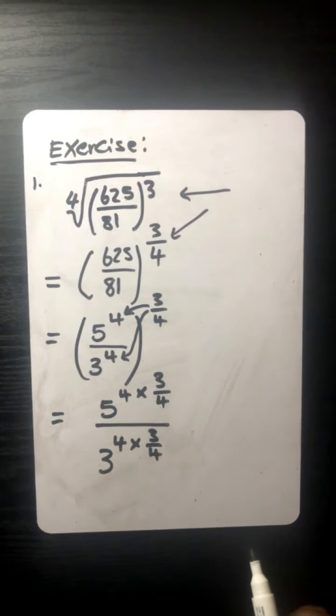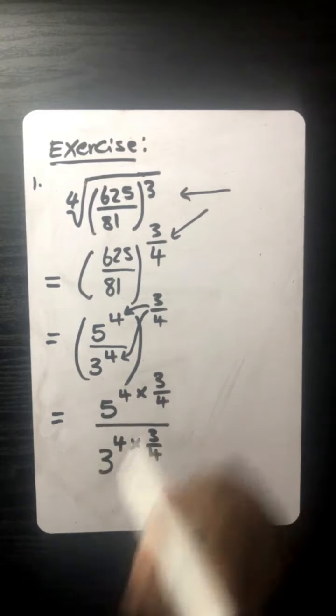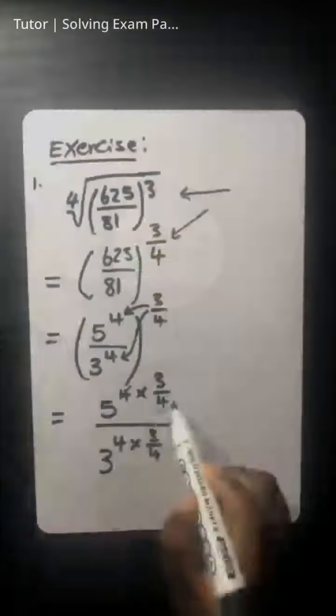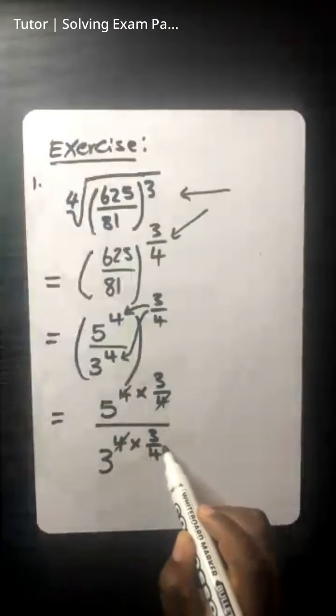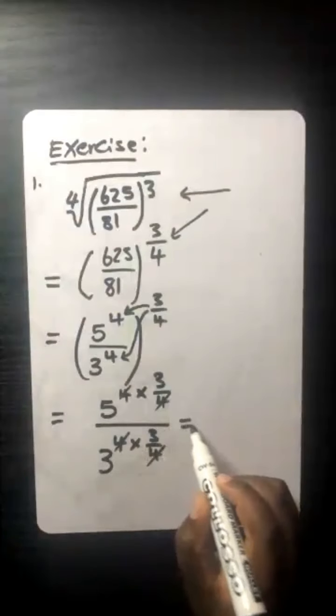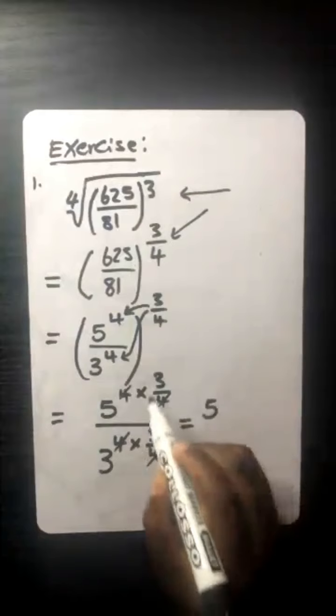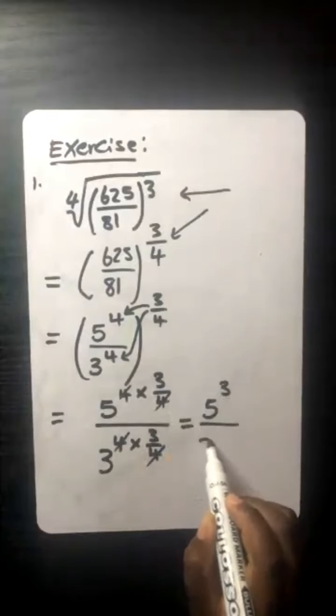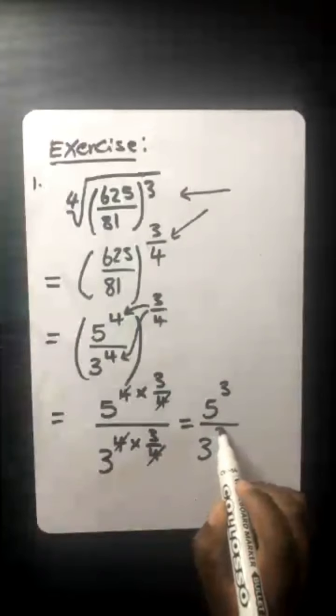Guys, do you understand that part? Yes, sir. 100%. Obviously, that cancels that, and that cancels that. Then you remain with 5 to the exponent 3 divided by 3 to the exponent 3.